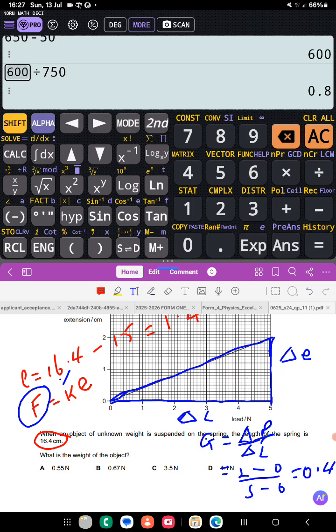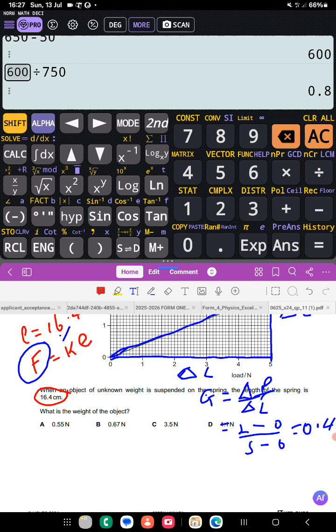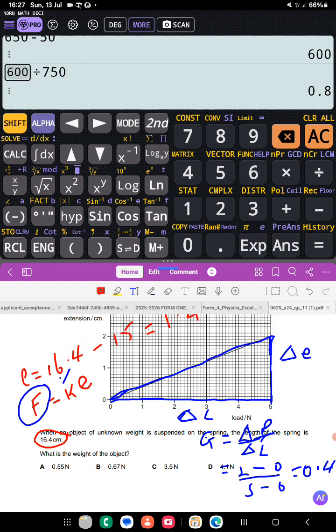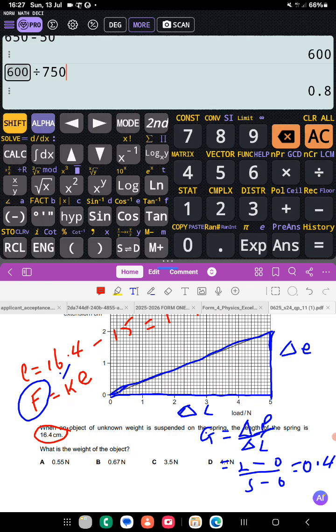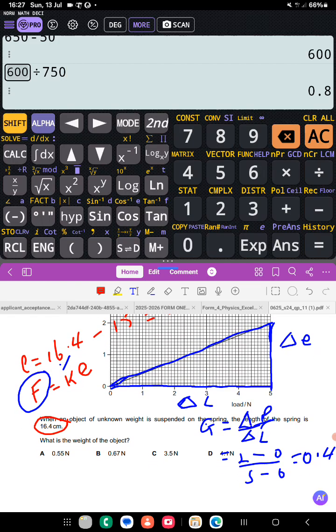remember that the spring constant, if your graph is extension against load, needs to be the reciprocal of the gradient.